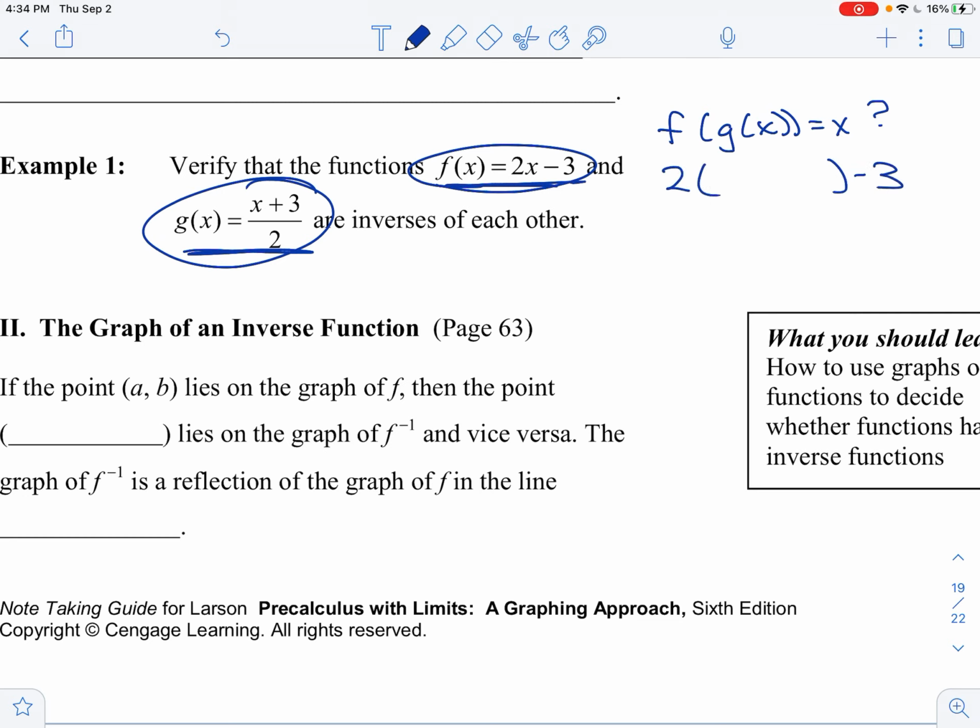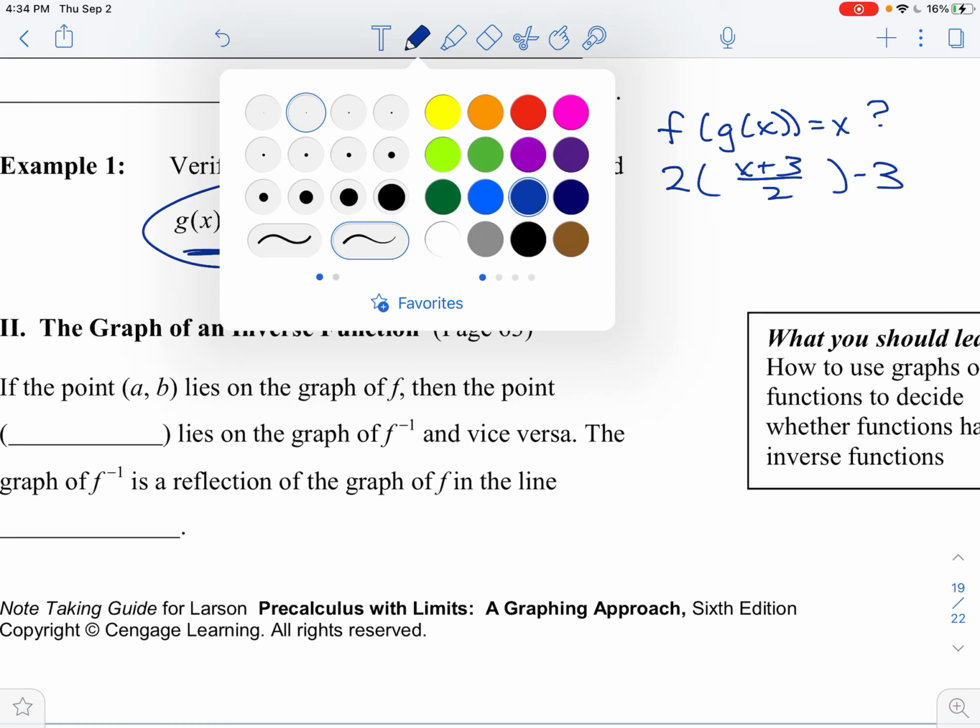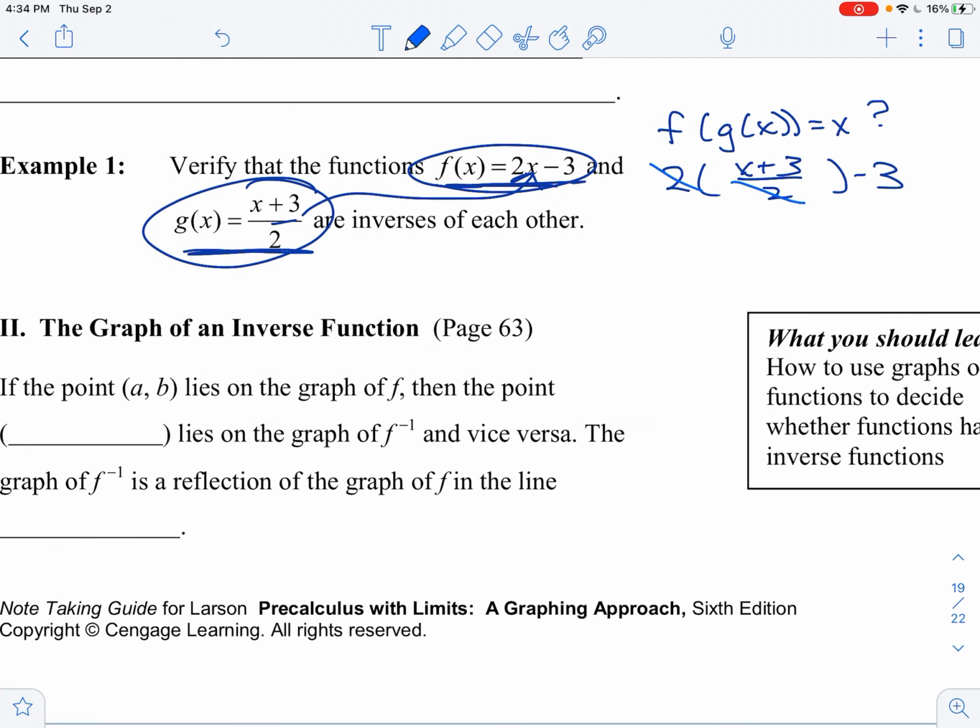But instead of x, we're going to replace that with g of x. So g of x is really (x plus 3) over 2. Let's simplify that. I know 2 divided by 2 is gone, so I get x plus 3 minus 3. Well, I know plus 3 and negative 3 cancel, and it's just x. So far, f of g of x equals x.